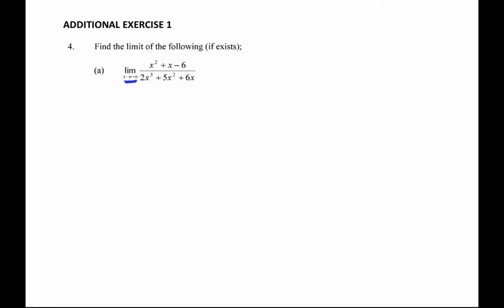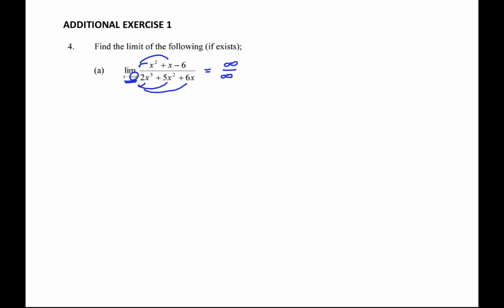5x squared plus 6x. If you substitute negative infinity at the x value, you get infinity divided by infinity.